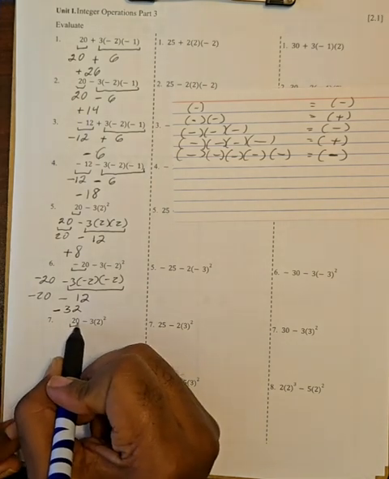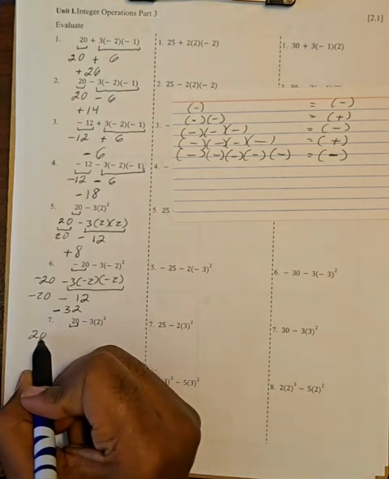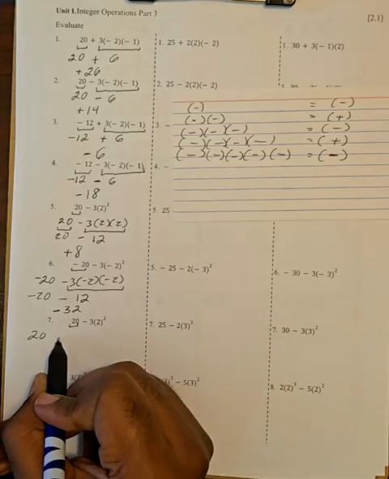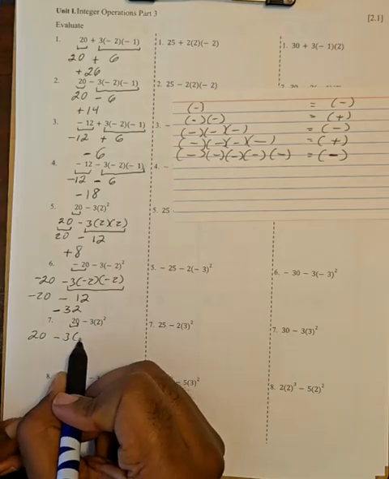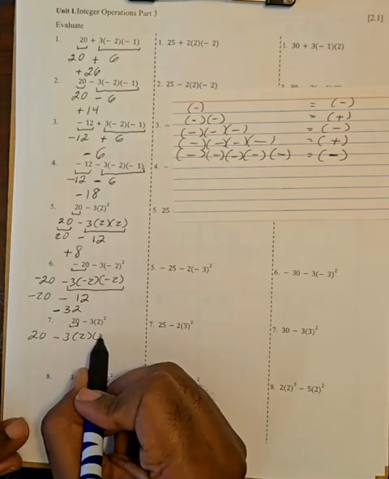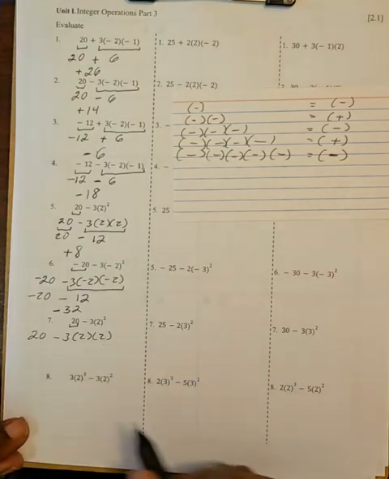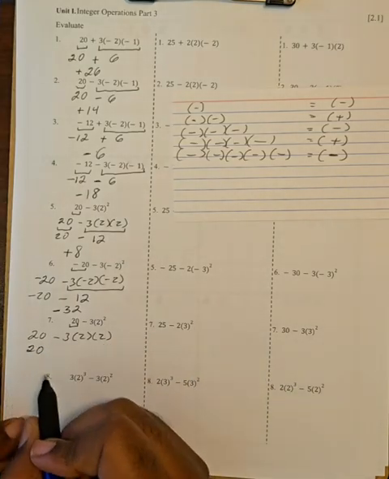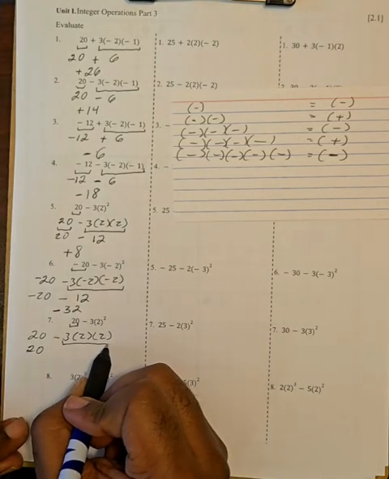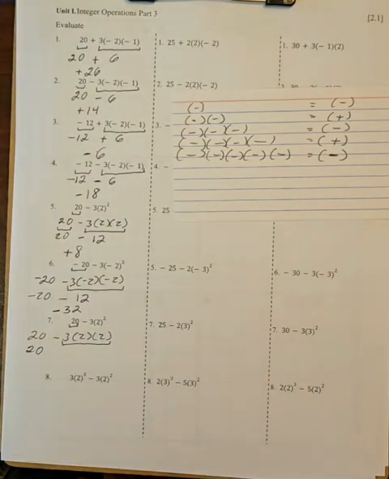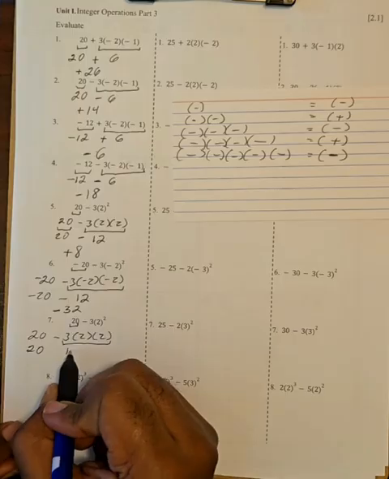Okay. Let's take the 20 here, and let's move it there. And then we're going to expand this part, so we get negative 3, parentheses 2, parentheses 2. Okay, so the 20 remains, and we're going to multiply all of these parts right here. The 3 times the 2 times the 2. That'll be 6 times 2, which is 12.